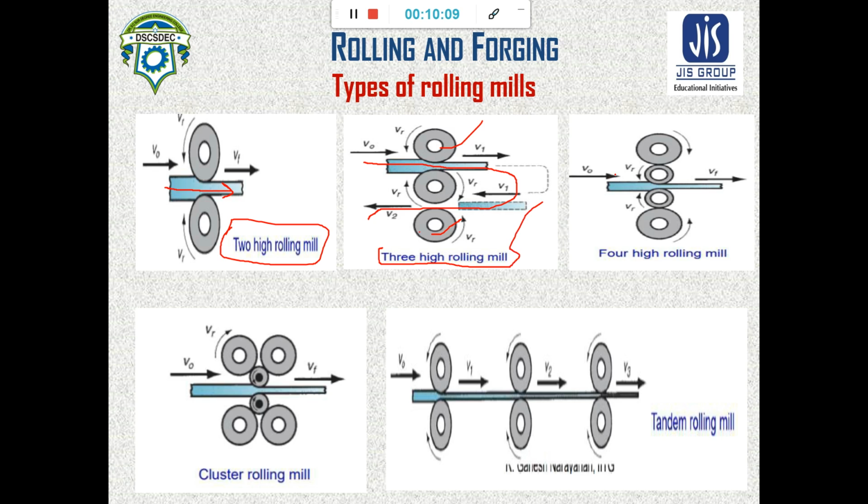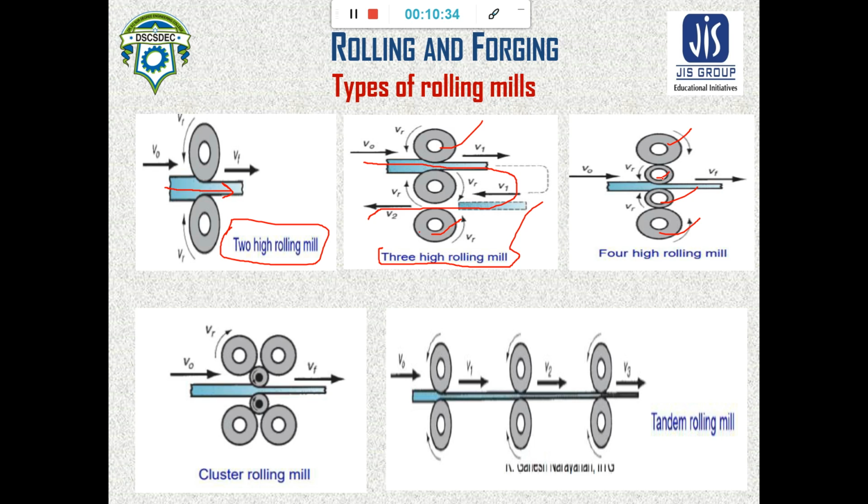Now there is another type, that is the four high roll mill. If we want more reduction in a single pass, that is provided by the four roll mill. In the four roll mill, the two larger rolls are rotating rolls, and the two small rolls are idler rolls.